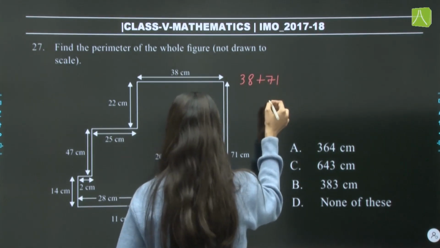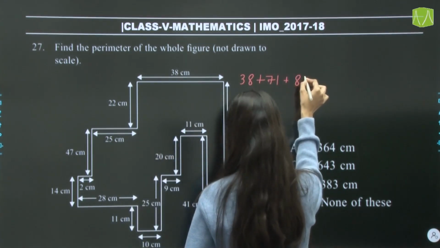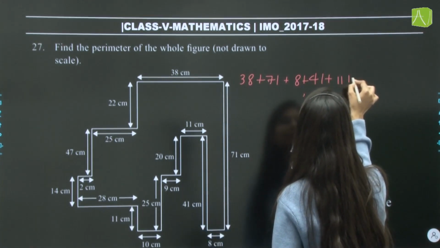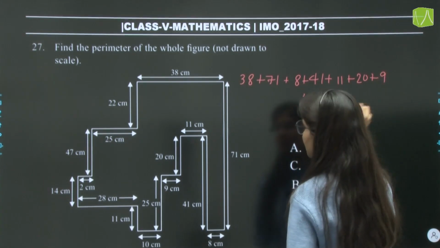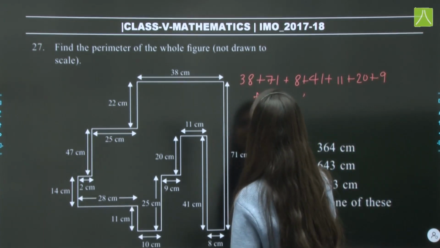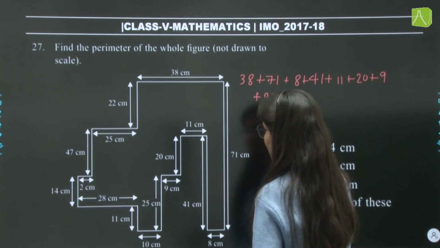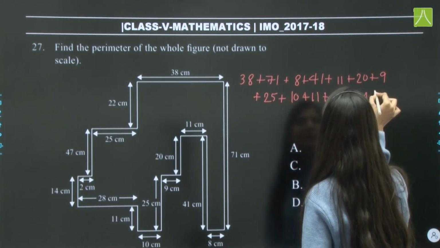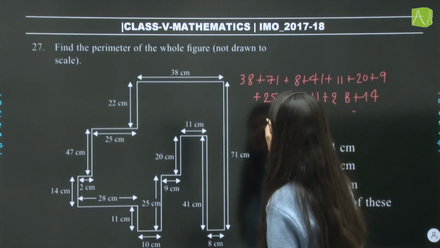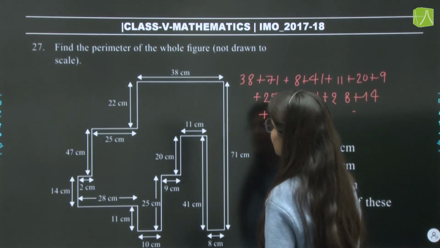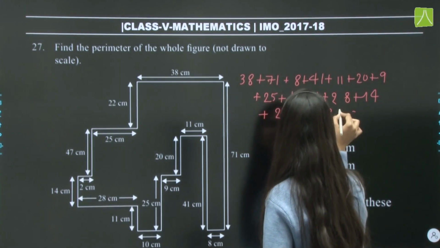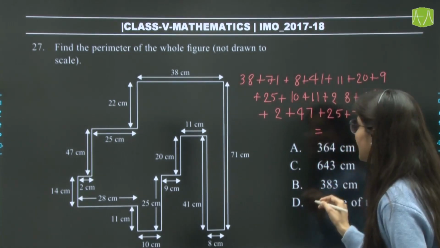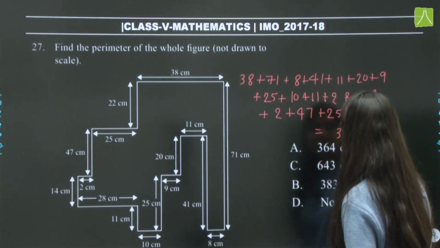38 plus 71 plus 22. So when you add all the sides, you will get the answer as 382 centimeter.